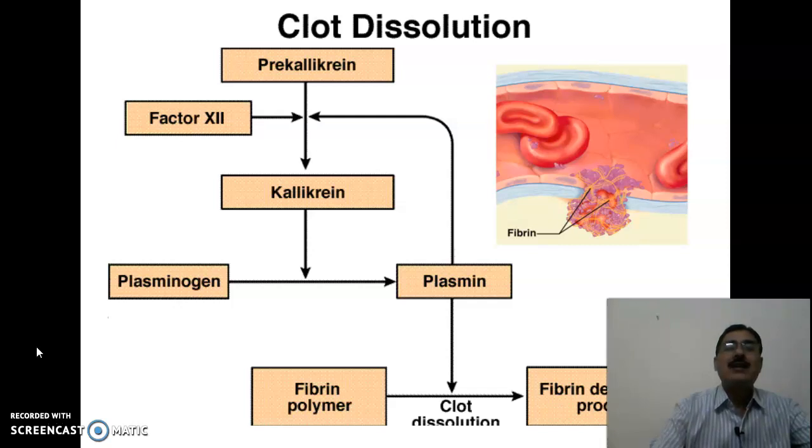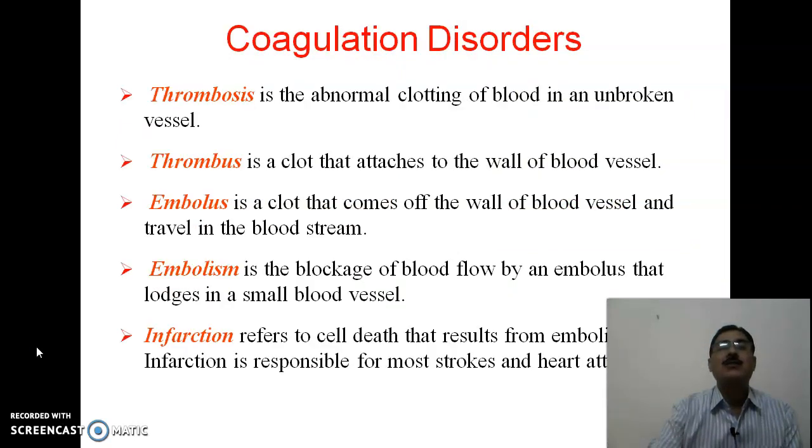So first the kallikrein converts plasminogen into plasmin, and this plasmin further forms more kallikrein as well as converts the fibrin polymer into fibrin degradation products.